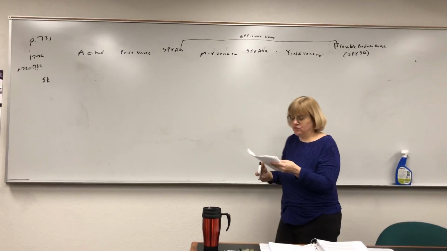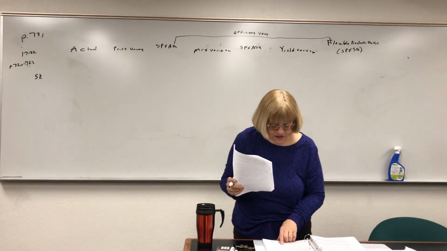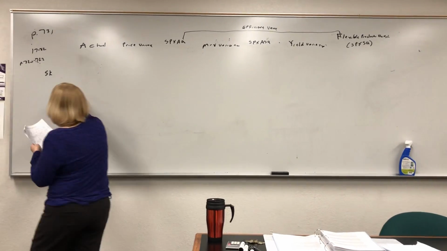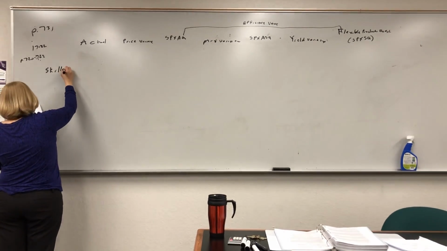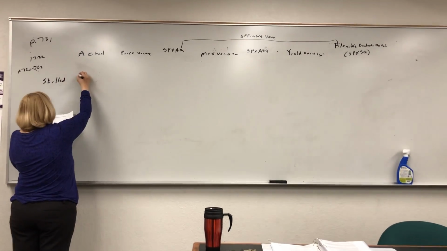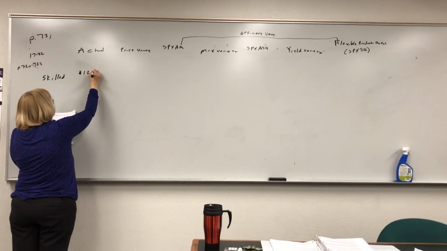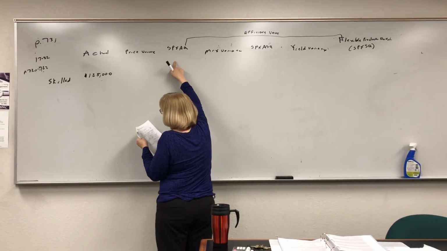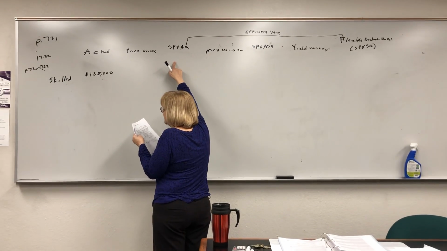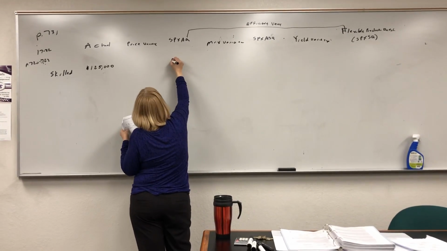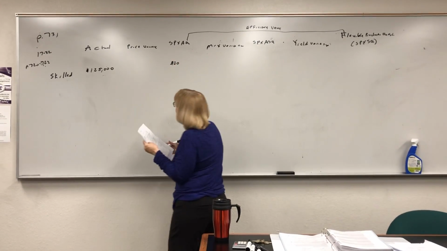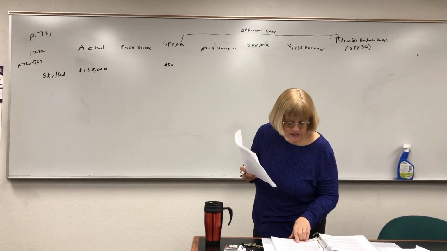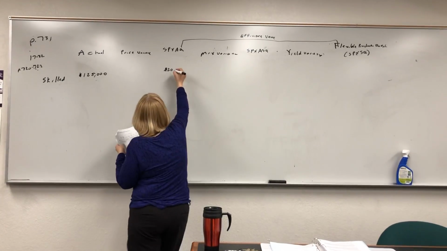So our actual cost, which it gives us, so nothing to compute there, for our skilled labor, we'll do skilled first, is 125,000. Then our standard price times our actual quantity: $20 is our standard price for skilled, and our actual quantity was 6,000 hours.